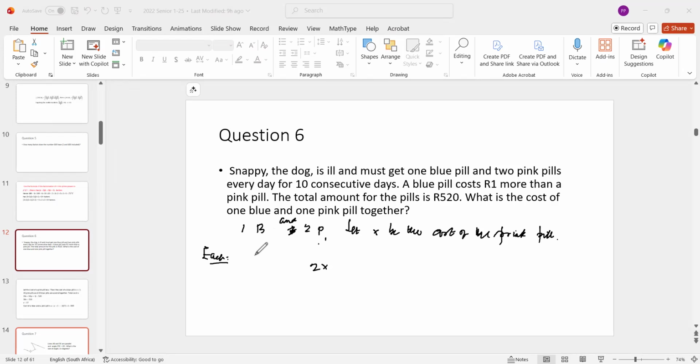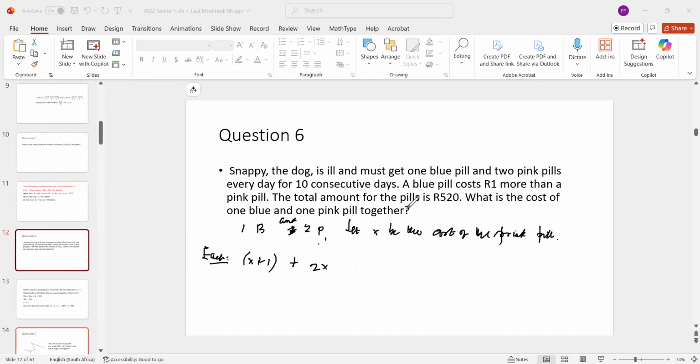So there's only 1 blue pill. The cost of the pink pill is X. So the cost of the blue pill is X plus 1. You only take 1 of that. So the cost for each day is X plus 1 for the single blue pill and 2X for the pink pills.